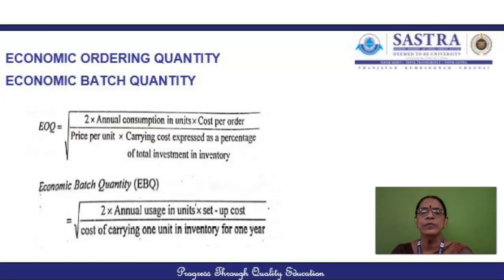So 2 into 10,000 into 30 divided by 10 paise into 50 percent into 1 minus 10,000 divided by 1 lakh. So we have to find out the square root. We will find it as 3,651 units.